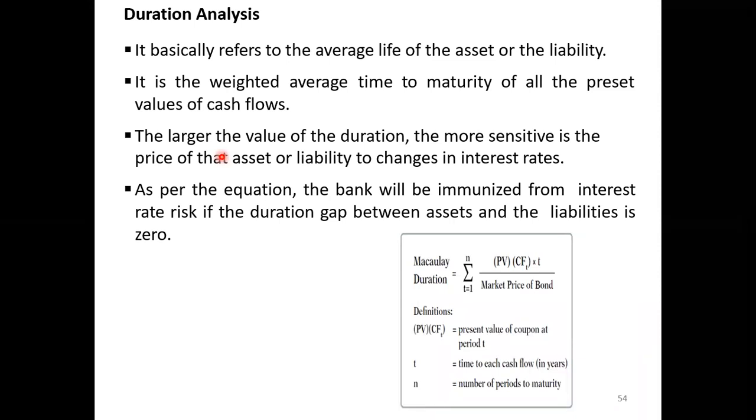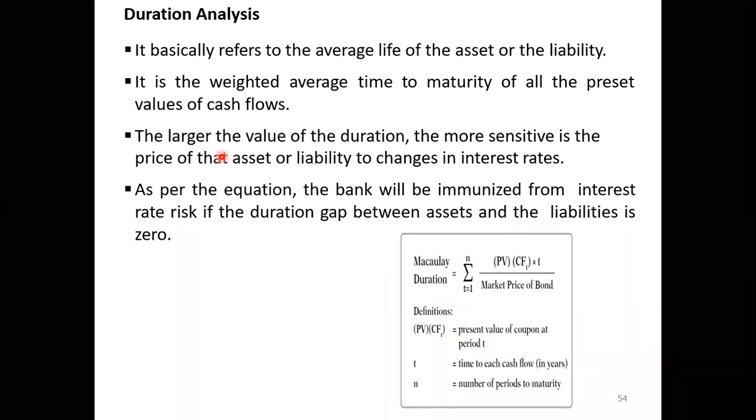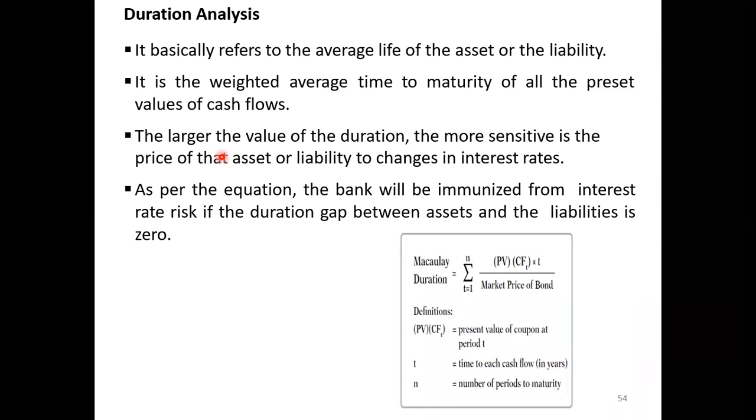So by giving some sort of weights, we give a single duration, a single period of maturity, to that portfolio of assets. The same principle will apply to the liabilities too.